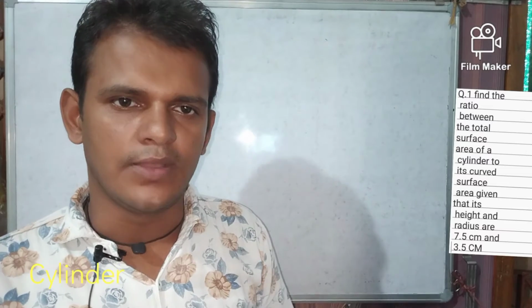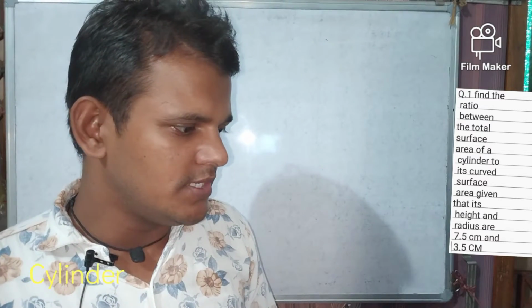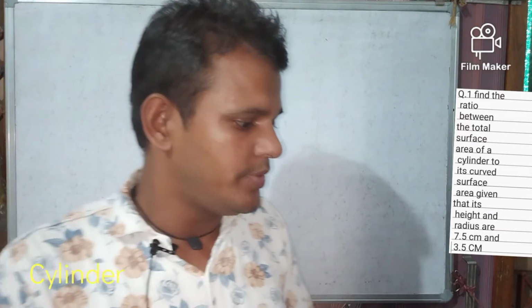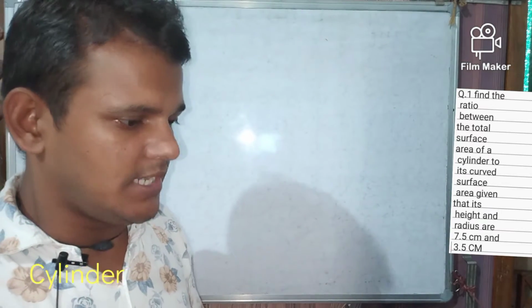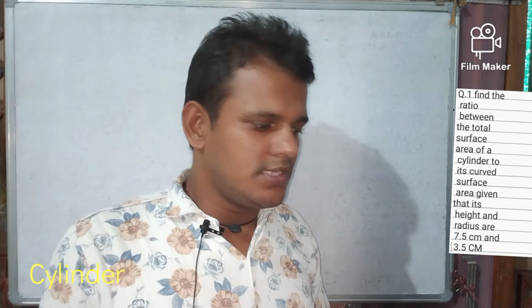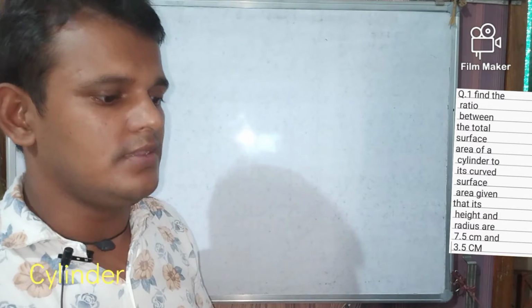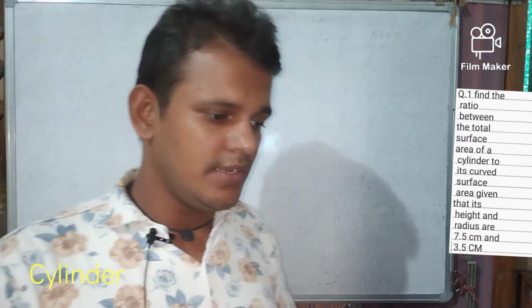The topic we are going to look at today is the cylinder. Question number 1 is: find the ratio between the total surface area of a cylinder to its curved surface area, given that the height and radius of the tank are 7.5 meter and 3.5 meter.